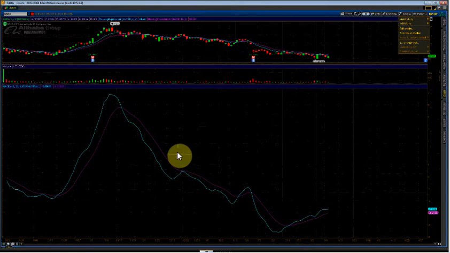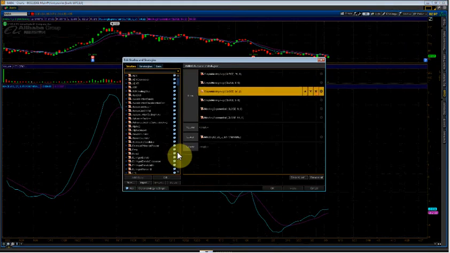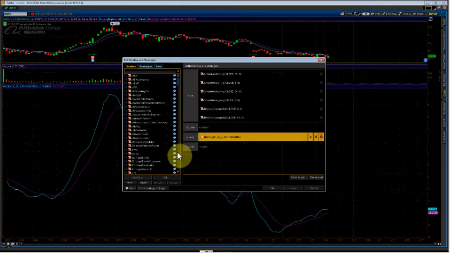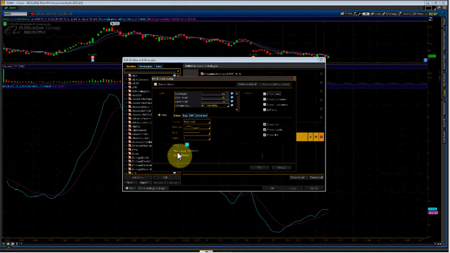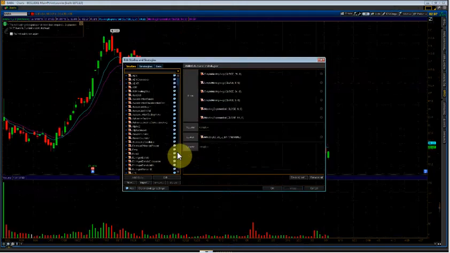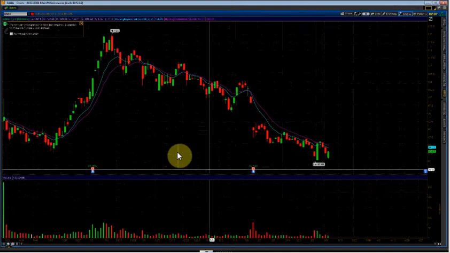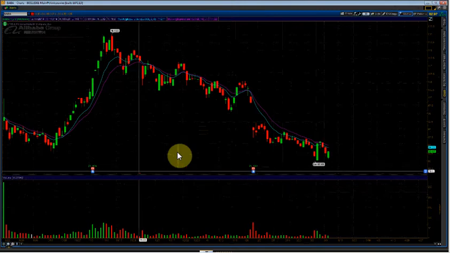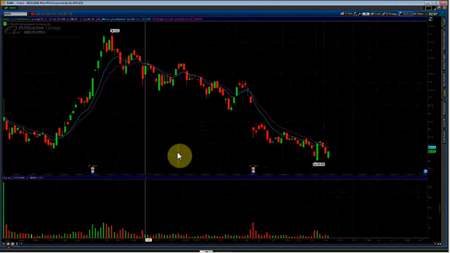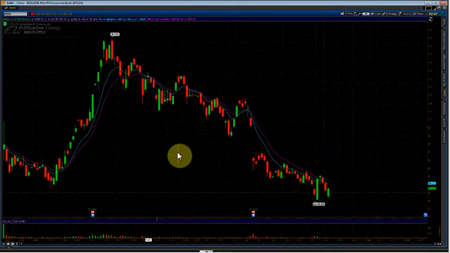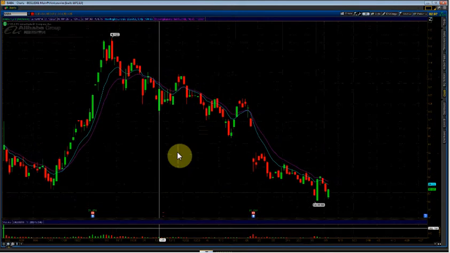Okay, so what does that mean? That means that my recommendation would be, if you'd like to use the MACD, then use it like this. Does anybody see the difference here?